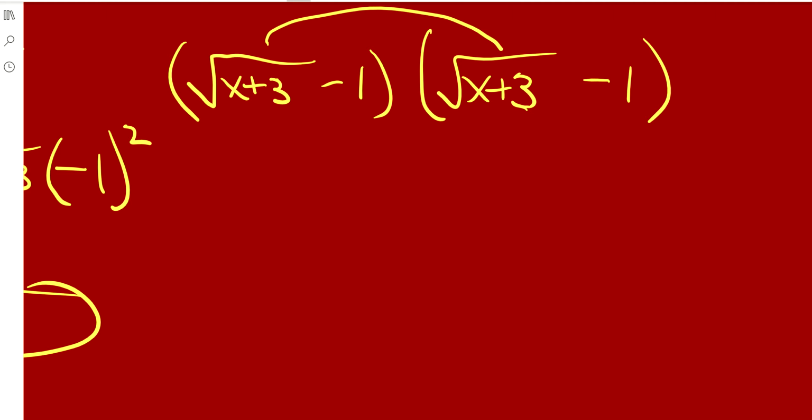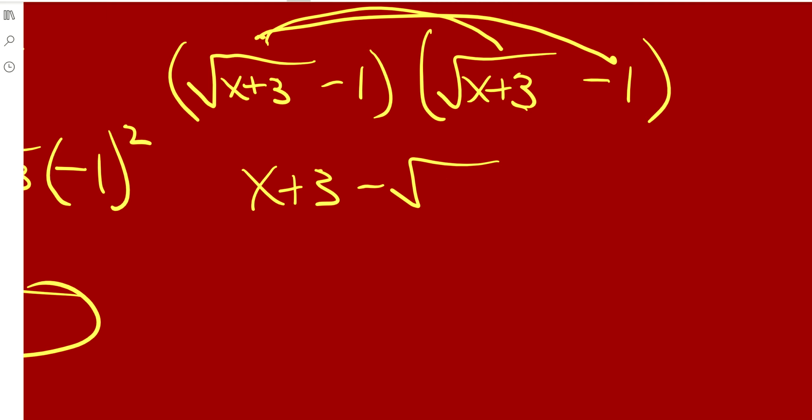Square root of x plus 3 times the square root of x plus 3 is x plus 3. Outside, square root of x plus 3 times negative 1 is negative square root of x plus 3.